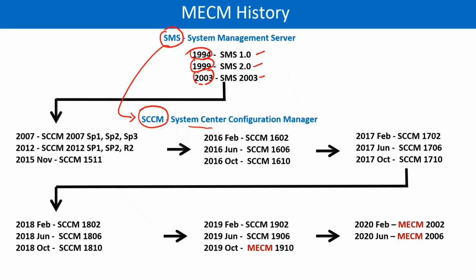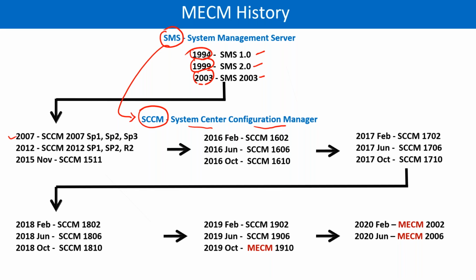System Center is a family name, and Configuration Manager is one of the tools inside System Center. There are many other products which are part of the System Center family, like SCOM, SCO, SCSM, SCVMM.